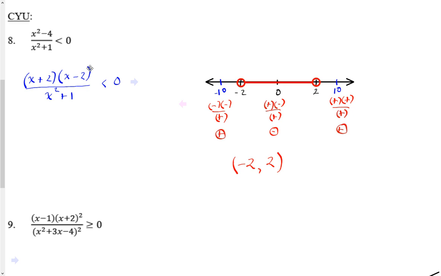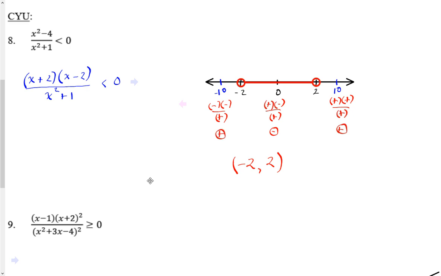Since I'm squaring whatever my x value is and adding 1, my denominator is always positive. So here we have the 3 test points. I get my solutions in this middle interval, with rounded brackets saying that my x can be between -2 and +2, not including the endpoints.